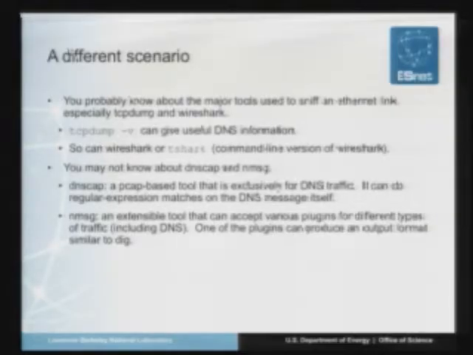We can also use Wireshark or TShark, and I'm actually going to skip over that and not do that. But that'll give you some information as well. But there are some basic tools that are DNS oriented, like dnscap and nmsg. Those tools will actually be able to help us troubleshoot this particular problem.